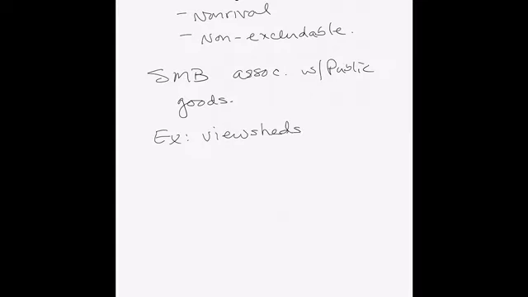View sheds are scenery. They're what you look at when you look at the mountains, when you look at nice pastures, right? And they're often protected, right, by purchasing open space. Okay, purchasing open space to preserve views.